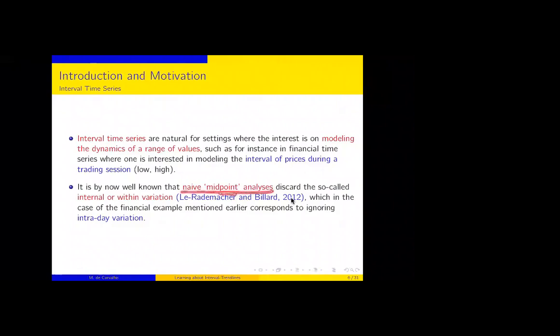Well, you could consider naive midpoint analysis. That is conceivable, but you would simply ignore internal or within variation, which, for example, in the case of this financial example I was mentioning earlier, would correspond to ignoring intraday variation. That is, prices will be oscillating.